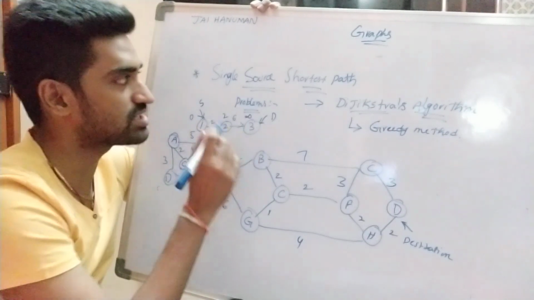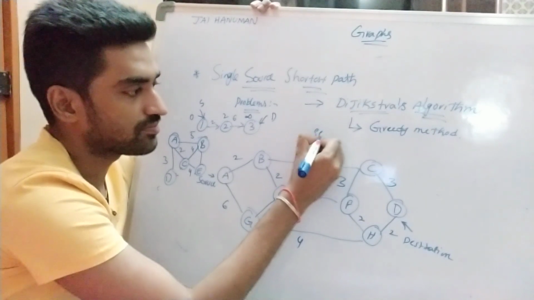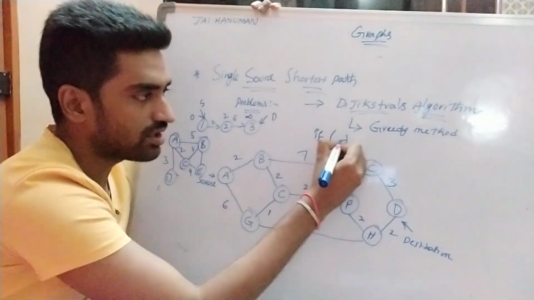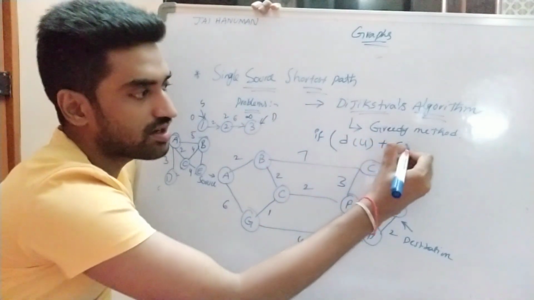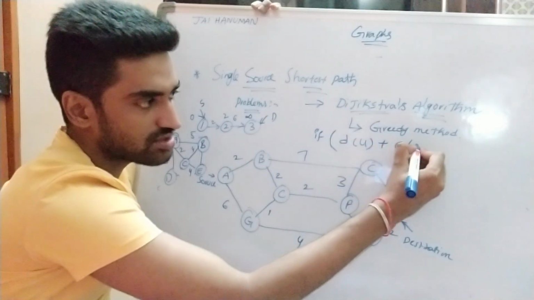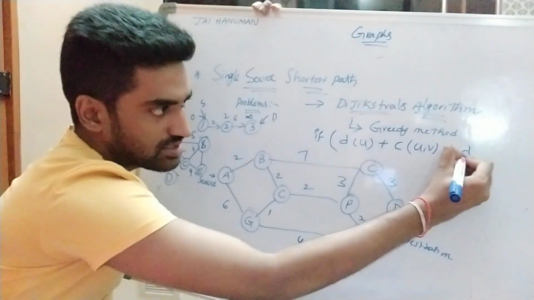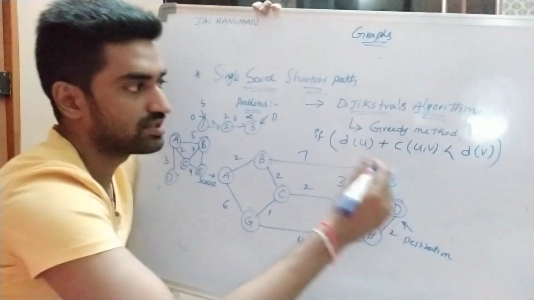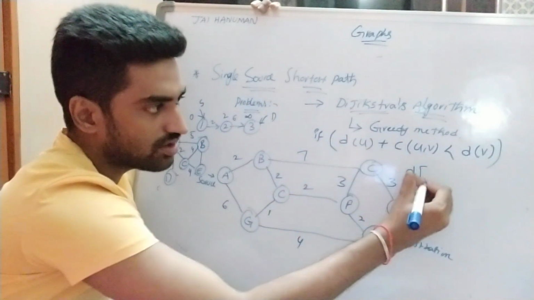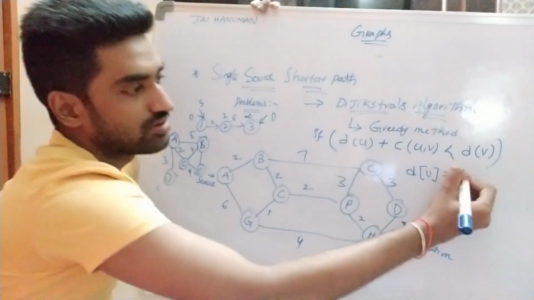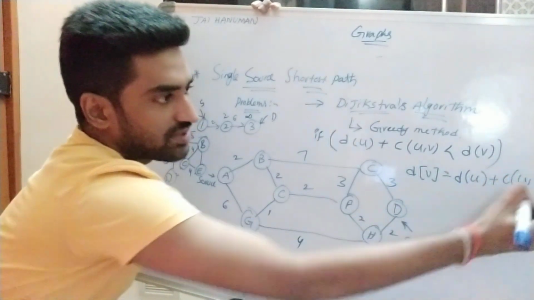For this updation, Dijkstra's algorithm checks one condition, that is: if d of u plus cost of u comma v is less than d of v, then we can write d of v is equal to d of u plus c of u comma v.